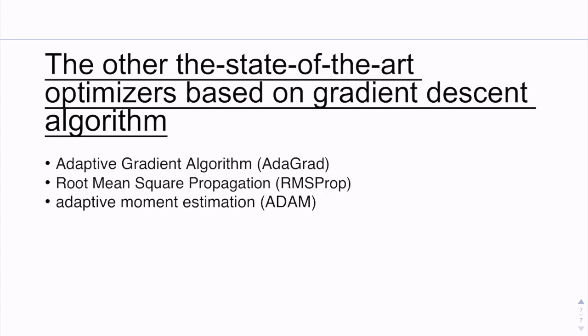There is some very recent study showing that for some practical examples, stochastic gradient descent outperforms ADAM. But when you're using TensorFlow or other deep learning libraries to do the optimization, you can try different optimizers.